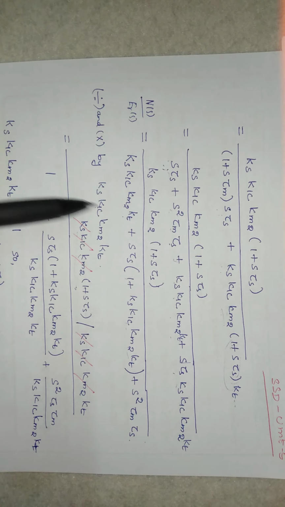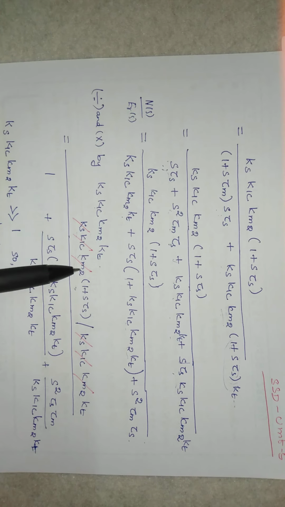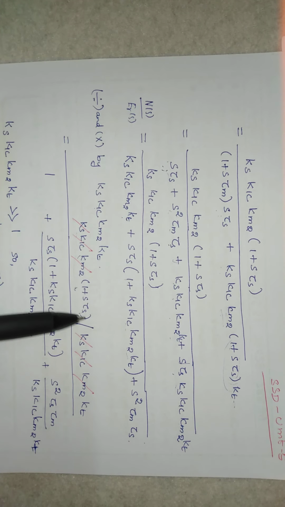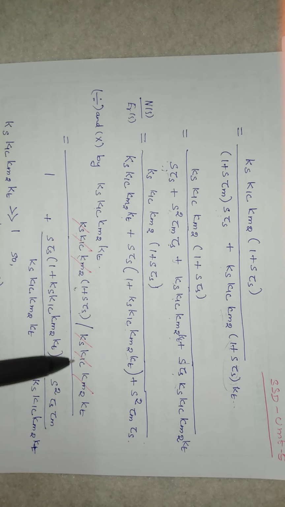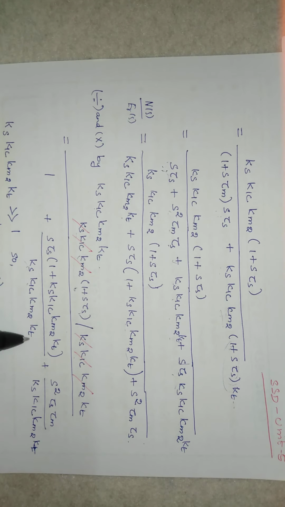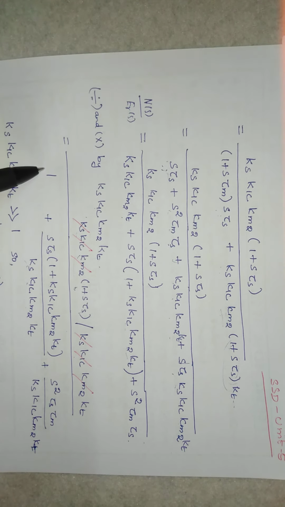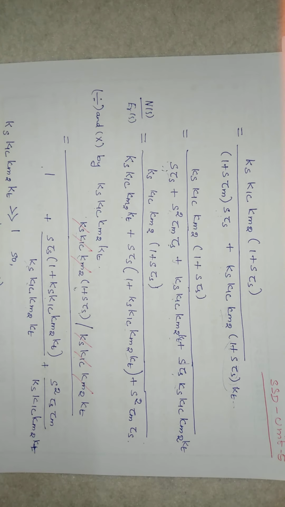So if we divide both sides, we get Ks, Kic, Km2 into 1 plus s tau s divided by Ks, Kic, Km2, Kt, divided by 1 plus s into tau s, this term, divided by Ks, Kic, Km2, Kt, plus s square tau s tau m divided by Ks, Kic, Km2, Kt. Here if we divide this term with this term, automatically it will be 1, and the remaining terms we write.